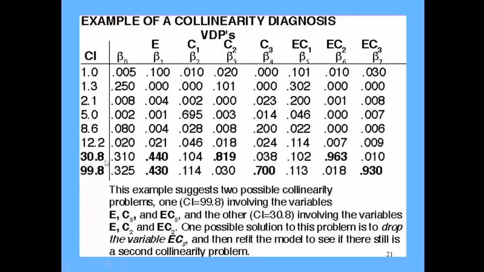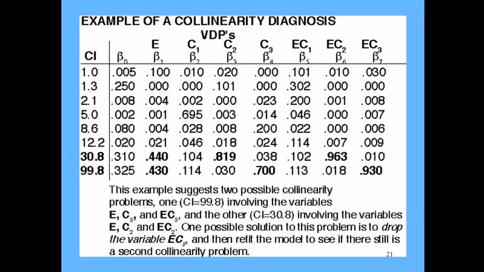And then when I look at the 7, would I get a 30.8 for the highest condition index when there's 7 left? Not necessarily. It may turn out, once I got rid of EC3, I dealt with the whole problem. And I fit what's left, then the highest thing is much less than 30, maybe less than 20.